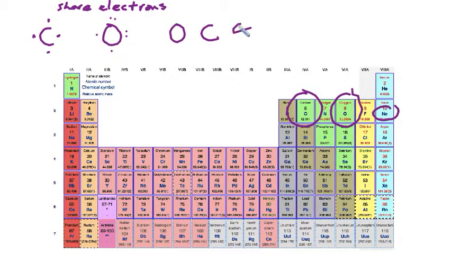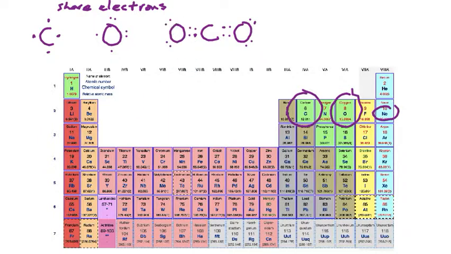So if I draw CO2 like this, oxygen, carbon, and oxygen, what we end up with is shared electrons in between the carbon and the oxygen. And we end up with unshared electrons out here on the outside of the oxygen.